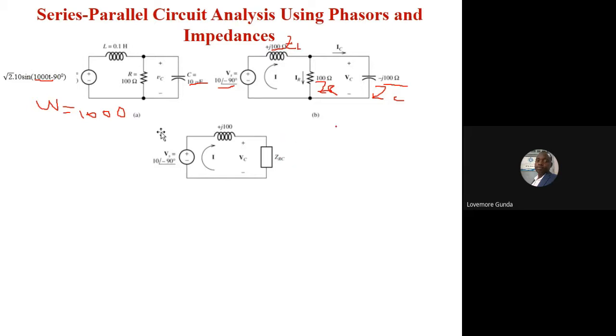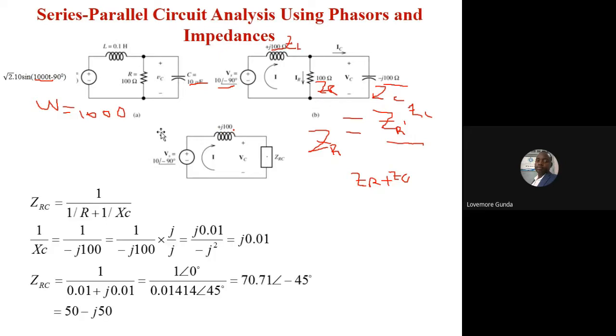So ZRC will now be ZR in parallel with ZC. If there were resistances, it would be product over sum. So still we have ZR times ZC over ZR plus ZC, the usual thing that we do, that becomes our ZRC. Then the total impedance becomes what? This plus that, because they are now in series, and we have resolved that.